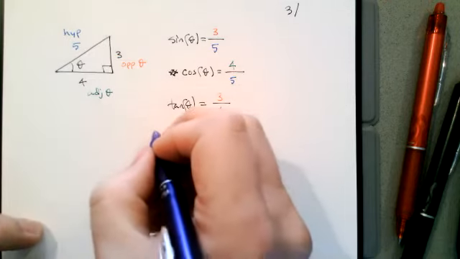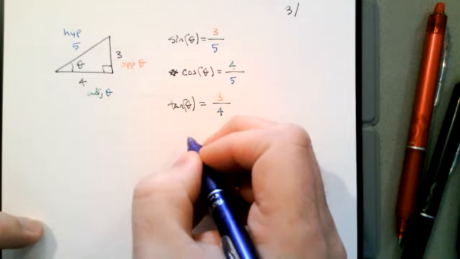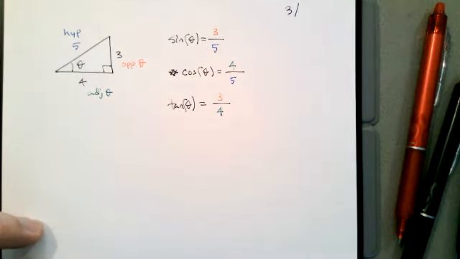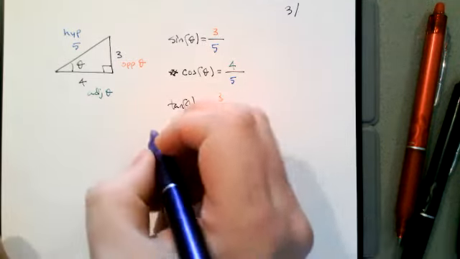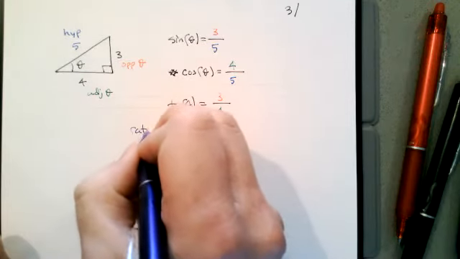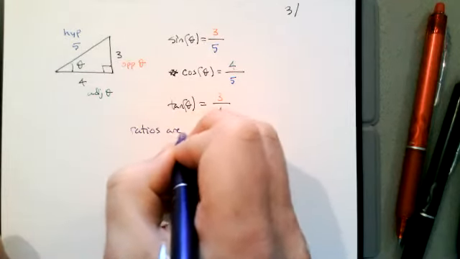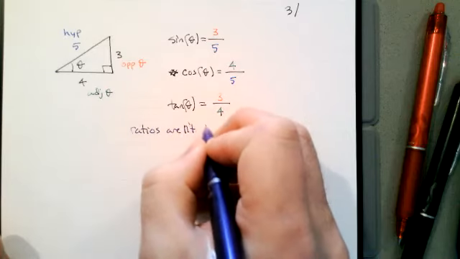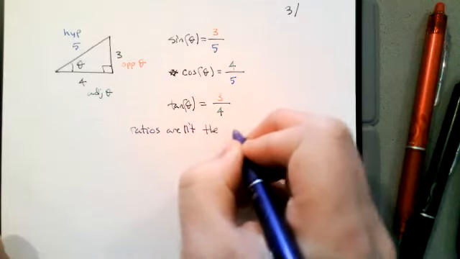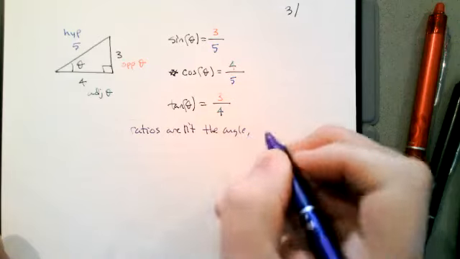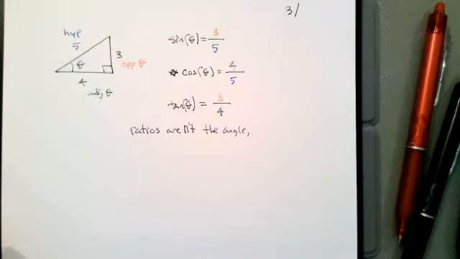So the ratios aren't the angle. The ratios are the value of the trig function of the angle. Ratios aren't the angle. Ratios are the trig function of the angle.